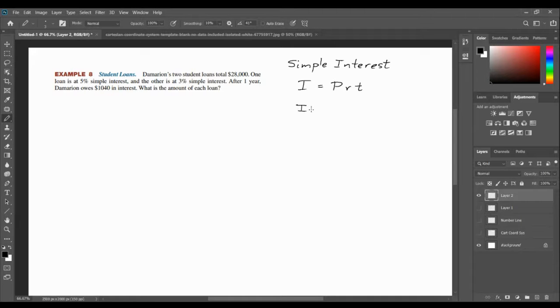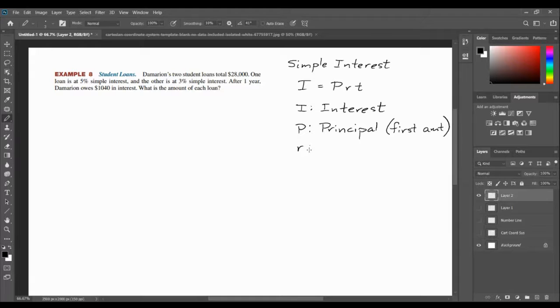So I is the interest that we receive after a certain amount of time. As I said, P is principal. Principal means first amount. So I'll just go ahead and write first amount. It's the amount you would invest. It's the amount of the loan. It's the amount you charge on the card. It's that first little bit.